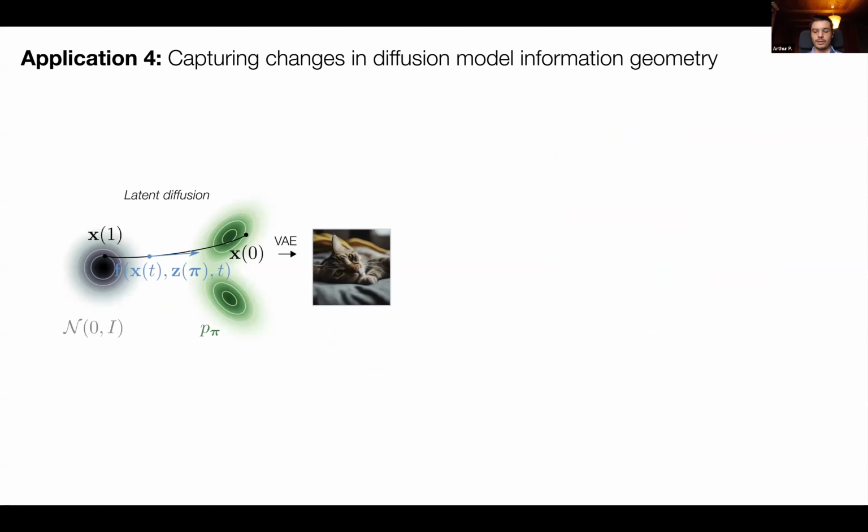So how can that be useful in the case of AI and machine learning applications? For this, I'll show a diffusion model.